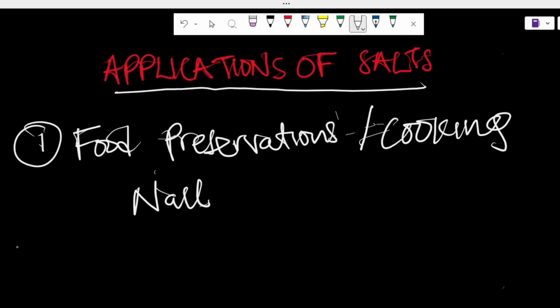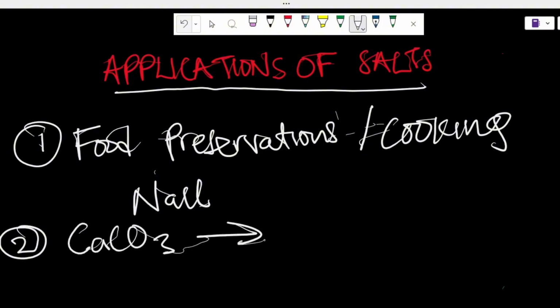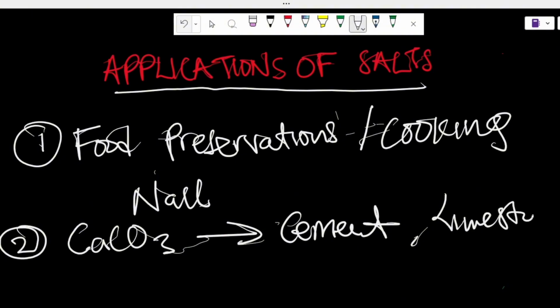Now, the other thing is salts like calcium carbonate can be used in cement production or even limestone. So in industries, you use calcium carbonate in different things.